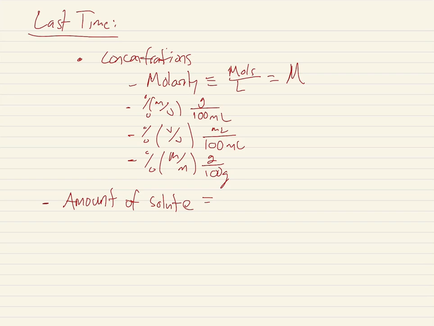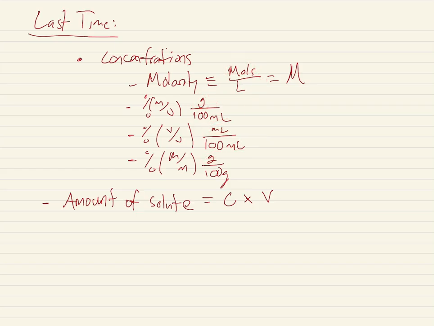Right, if we want to find the amount of solute, whether it's grams or moles, we could use the volume of solution and the concentration value for that solution. It'd be the concentration times the volume. Because if we look at any of these units, all of these have some sort of amount of solute per unit volume of solution.